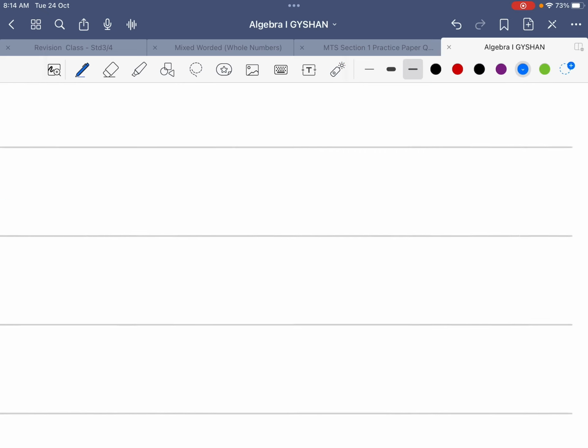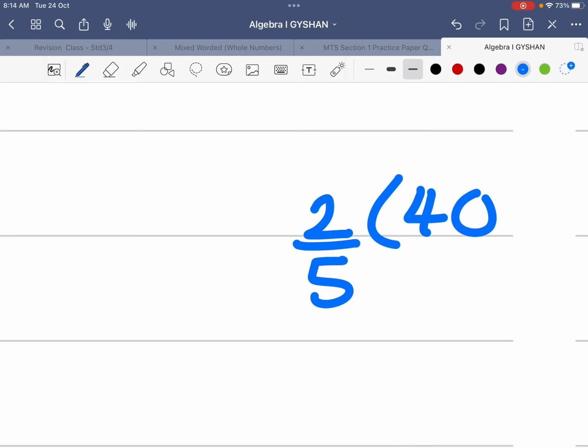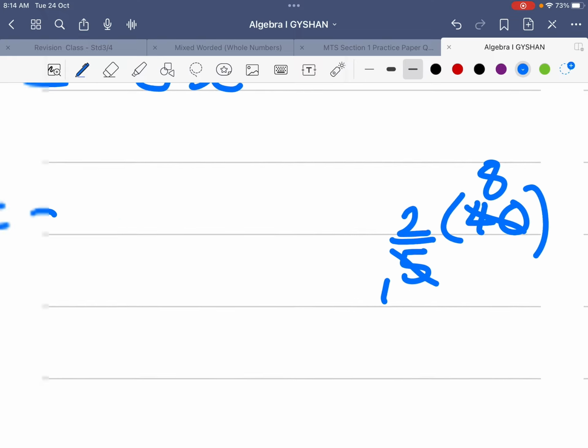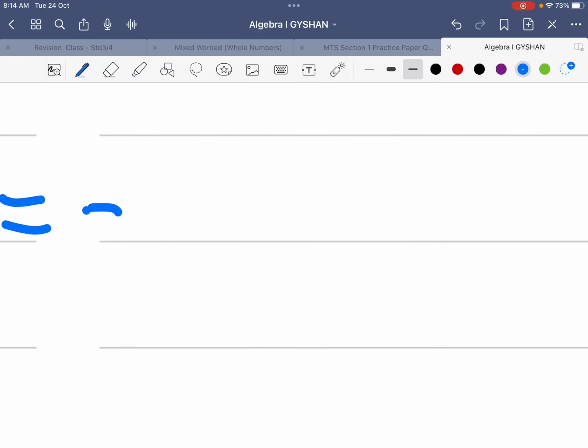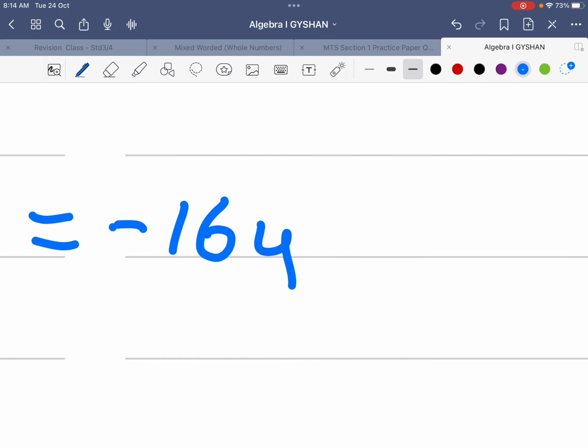So let's work that out here. 2/5 of 40. 5 into 5 is 1. 5 into 40 is 8. 2 times 8 is 16. And the letters, as we said, y cubed times y squared is y to the power of 5.